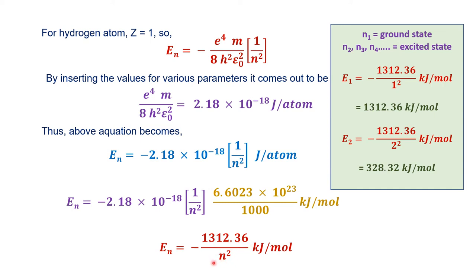For E1, the number of shell is 1, so here we will put 1 square and it will result in 1312.36 kilojoule per mole. For E2 we will take n=2, so 1312.36 divided by 2 square and we will get 328.32 kilojoule per mole.